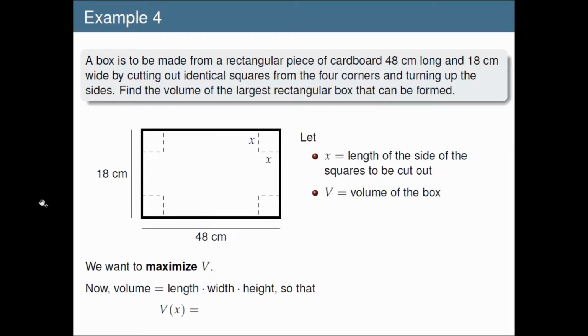So the volume is length times width times height. So V of x equals 48 minus 2x times 18 minus 2x times x. The volume is also equal to 4x cubed minus 132x squared plus 864x.